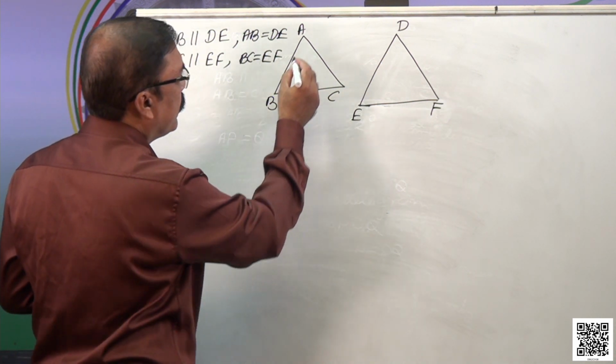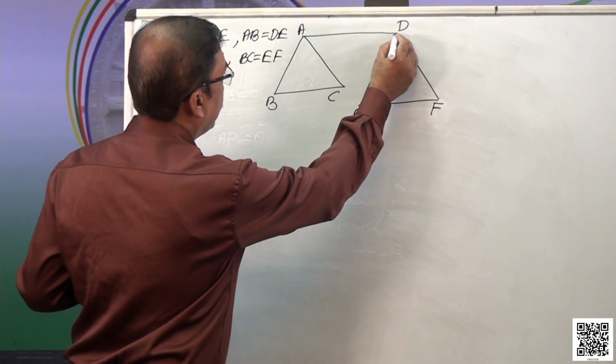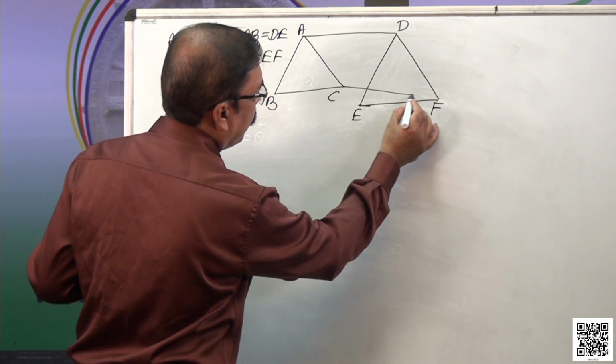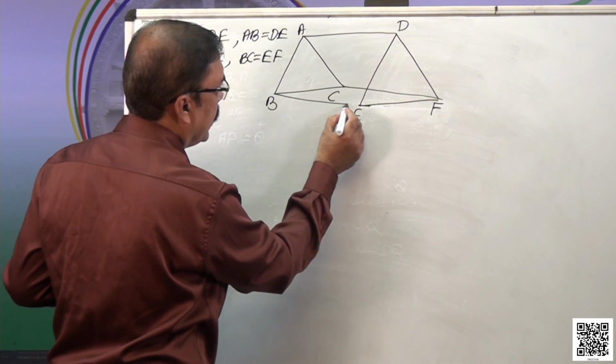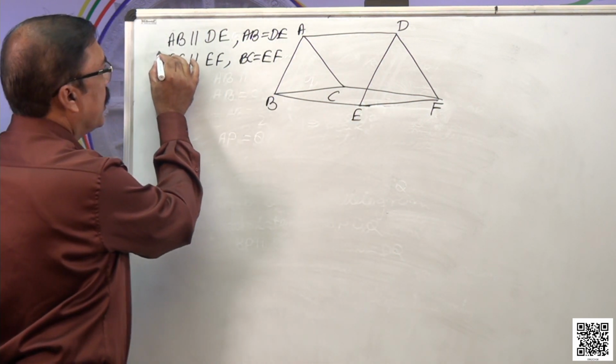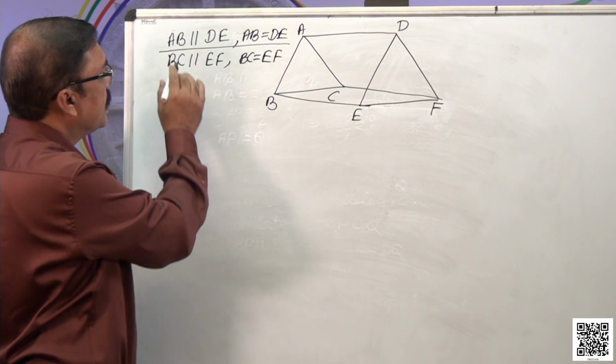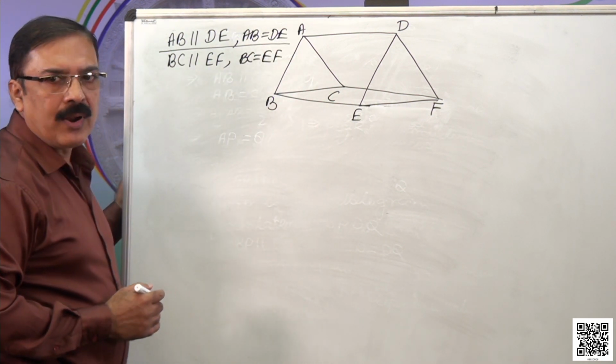Now if we join AD, CF and BE, see, AB and DE constitute which quadrilateral?